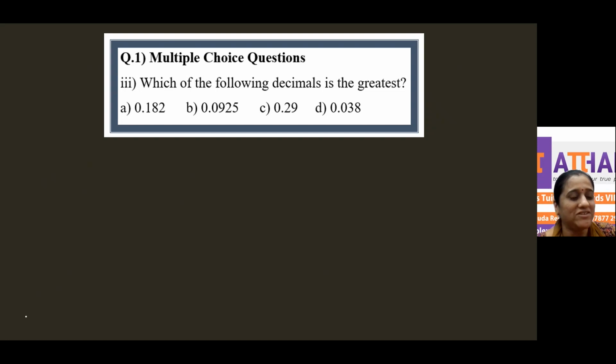Okay, Avinish, explain why that's the correct answer. What are the steps you did in your mind? You worked something out in your mind, right? So tell me what all you did. Whatever mind work you did, share that with me. Very good. Okay, so A is 0.182.